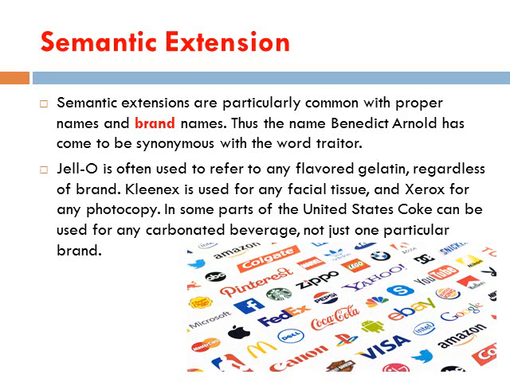We have brand names like Jello, for example, often used to refer to any flavored gelatin and not just the brand. Also, Kleenex is used for any facial tissue, Xerox for any photocopy. In some parts of the United States, Coke can be used for any carbonated beverage, not just one particular brand.